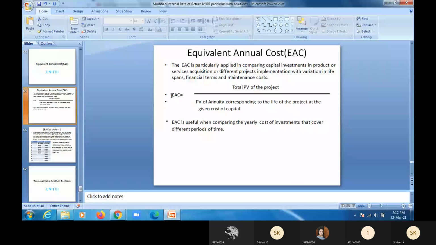Equivalent annual cash cost can be calculated by using this formula: total present value of the project divided by present value of annuity corresponding to the life of the project at the given cost of capital. So this formula we are going to use.